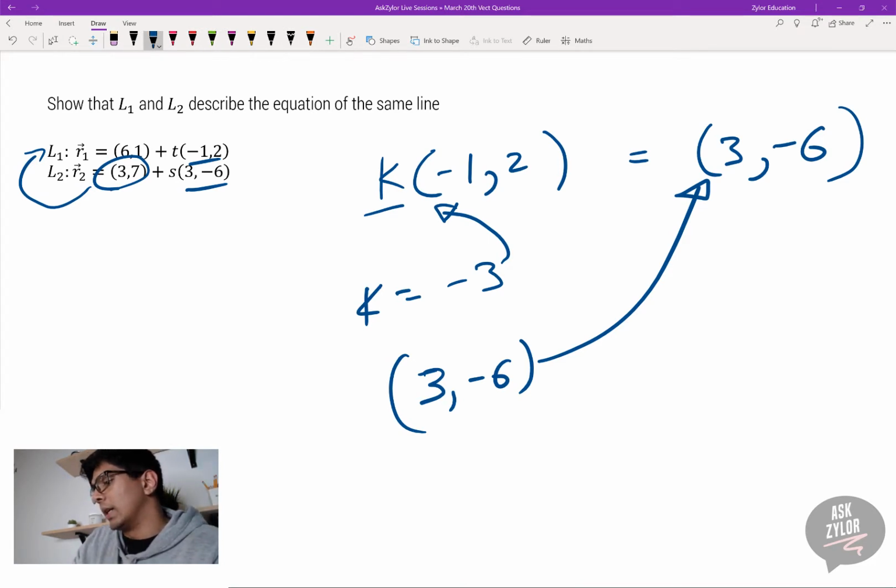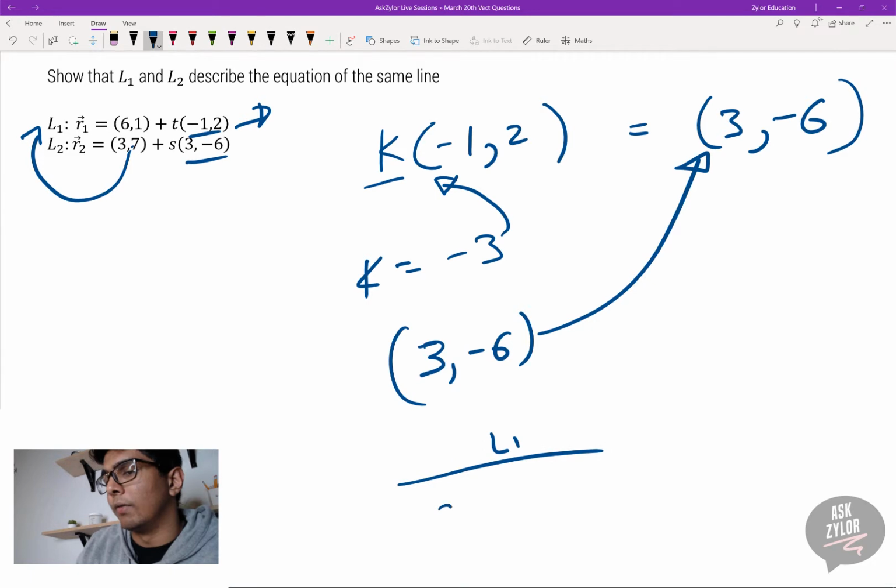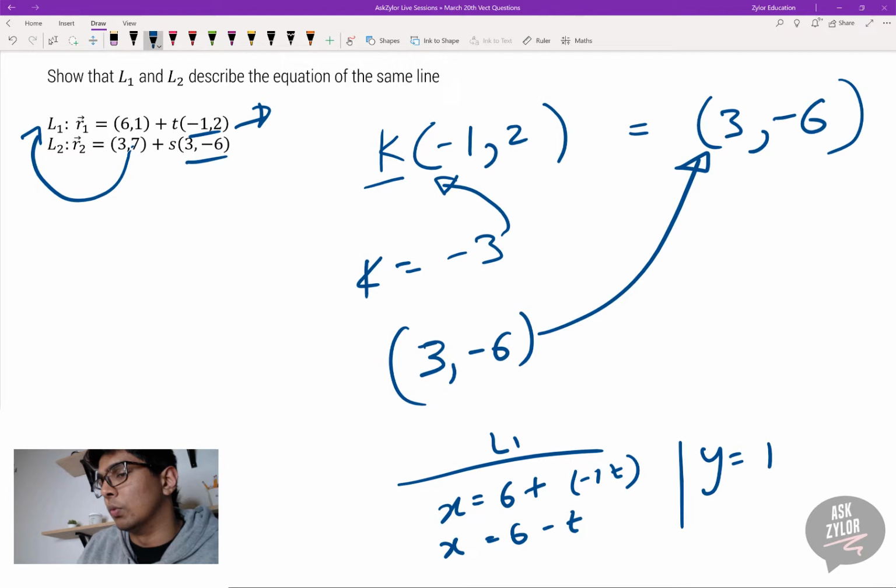So the next check is to see if there's a common point that exists in both the lines. So let's say I pick 3 and 7. I'm gonna get the parametric equations for the first line, so L1. So I have x is equal to 6 plus minus 1t, which is going to be 6 minus t, and then I have y is equal to 1 plus 2t.